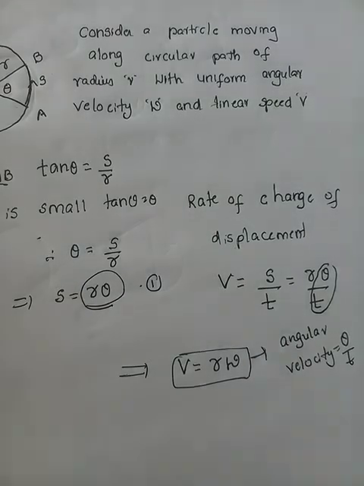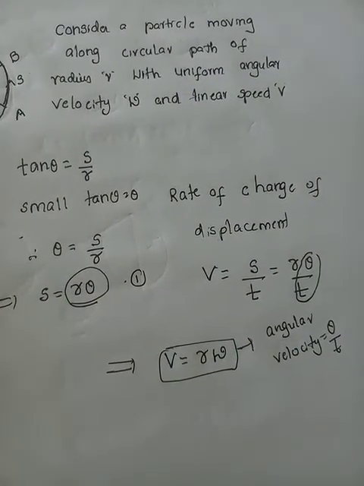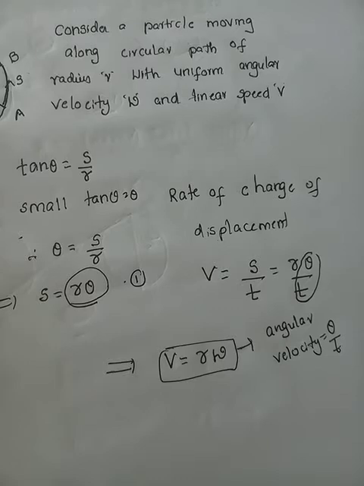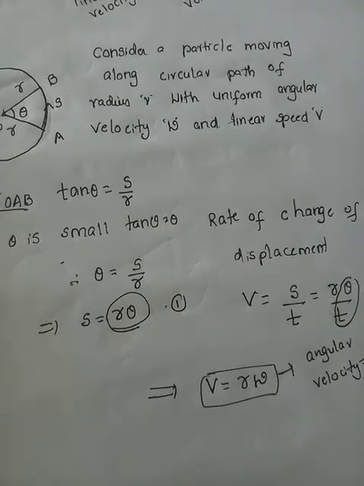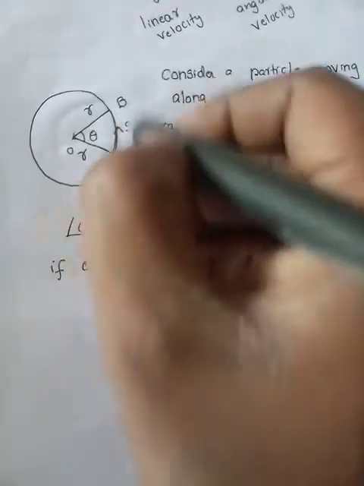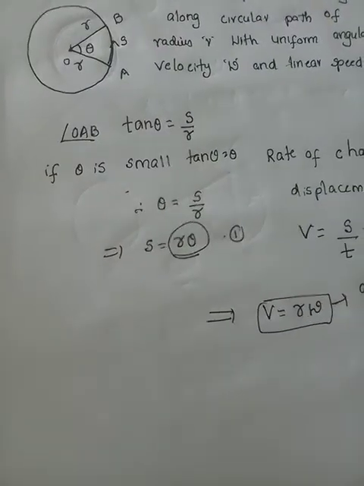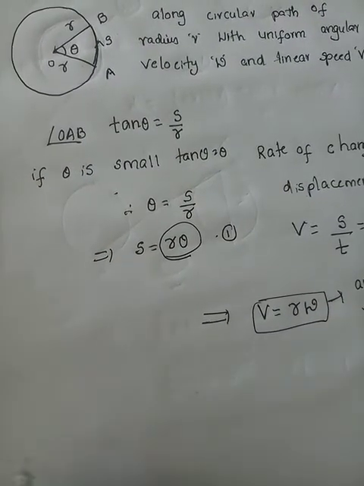And now you have to know that when a particle describes circular motion, the time taken by the particle to complete one cycle is called the period of revolution. Is it right? So, if the particle takes some time to complete one rotation, that is called what? Time period. What is time period?